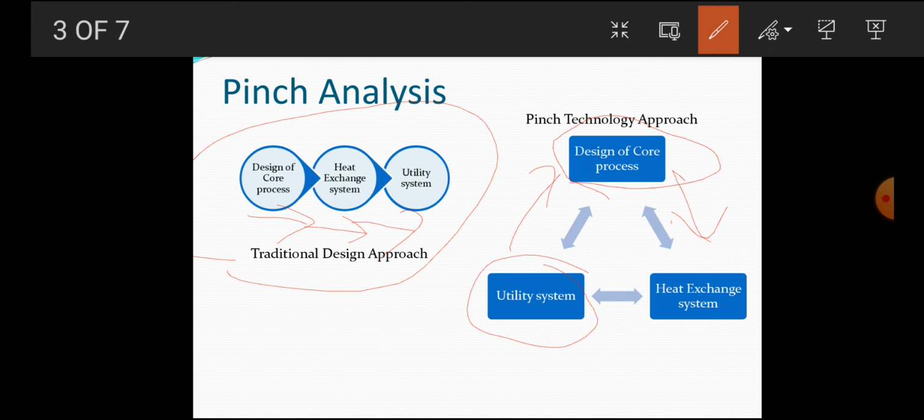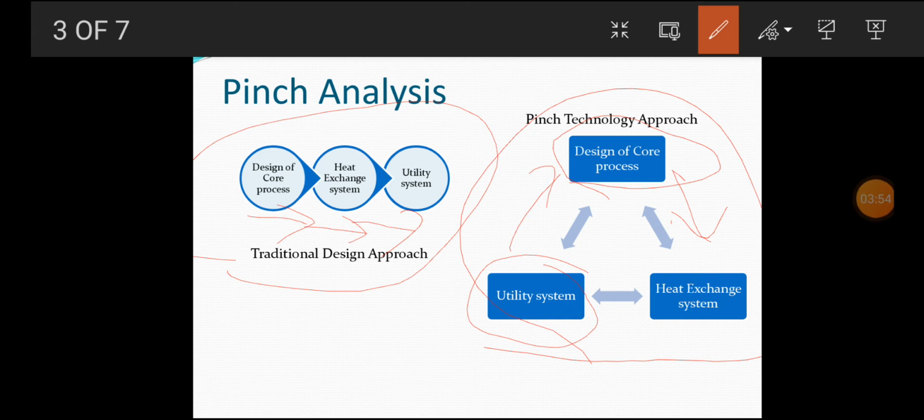So the pinch approach is unique because it treats all processes with multiple streams as a single integrated system. This method helps to optimize the heat transfer equipment during the design of the equipment.